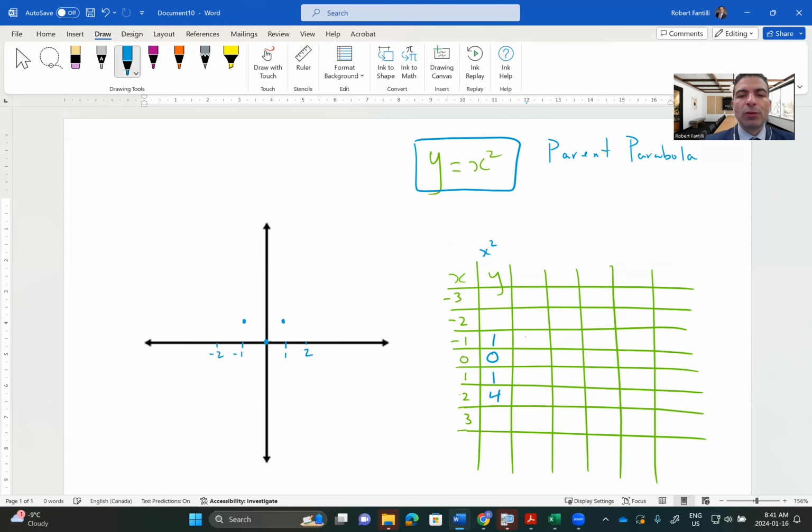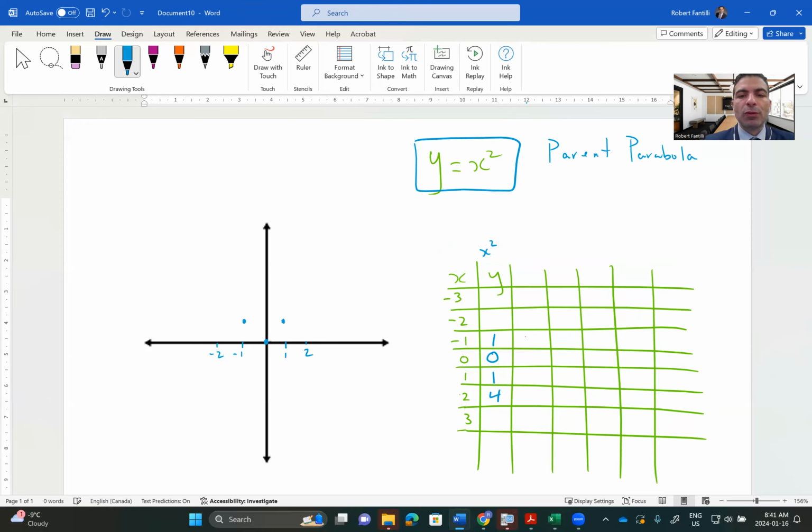So on my table of values, those become 4s. On my graph, when I plug that in, 2 reaches 4, -2 reaches 4, about here. And then 3 and -3 squared would both equal 9. So maybe something up here.